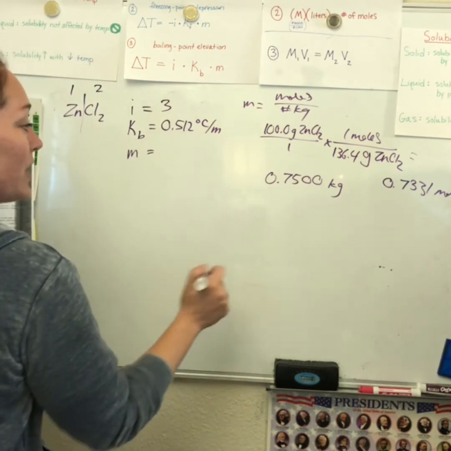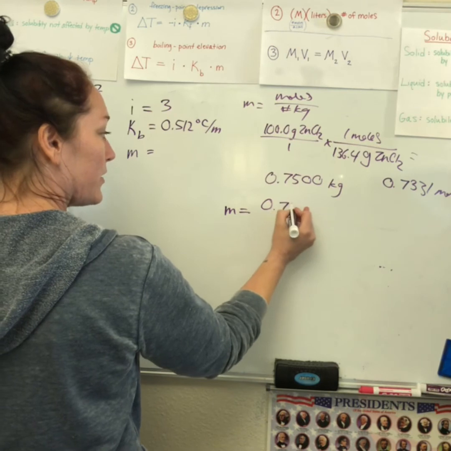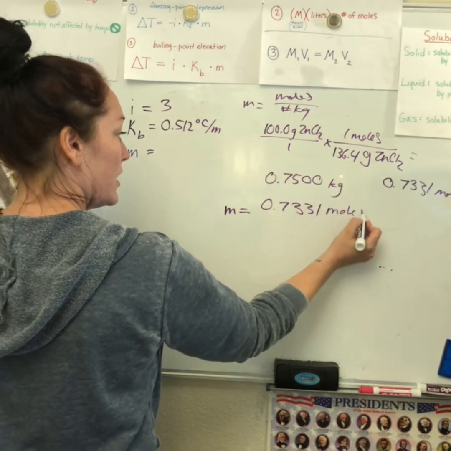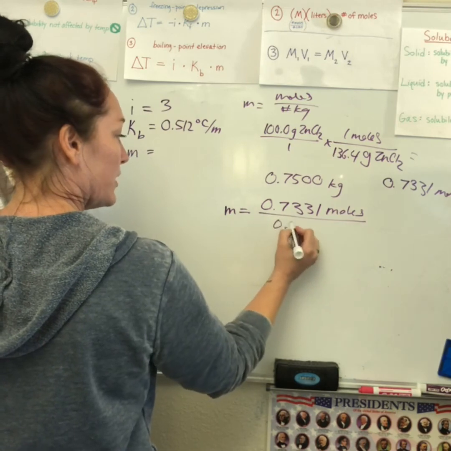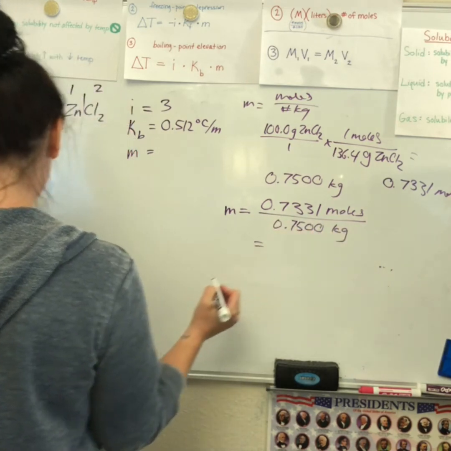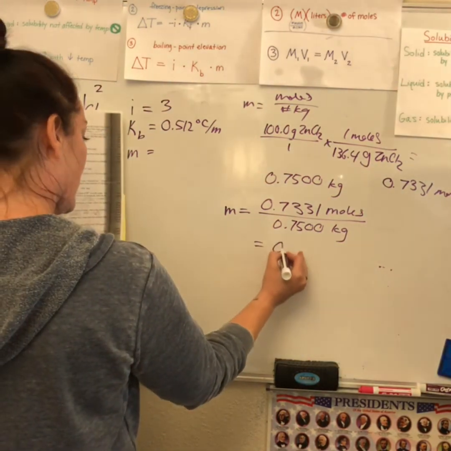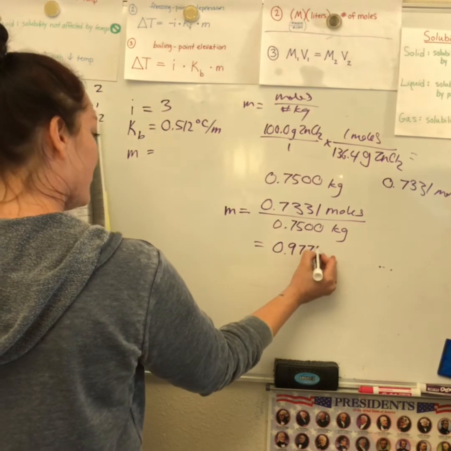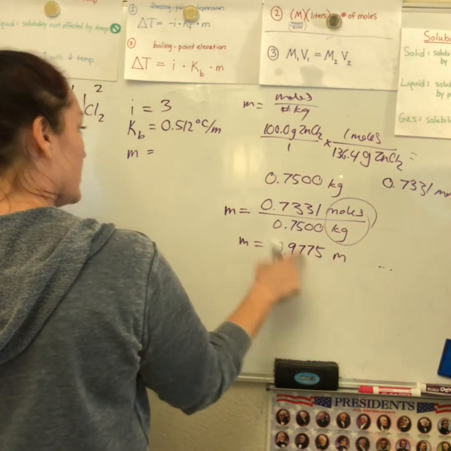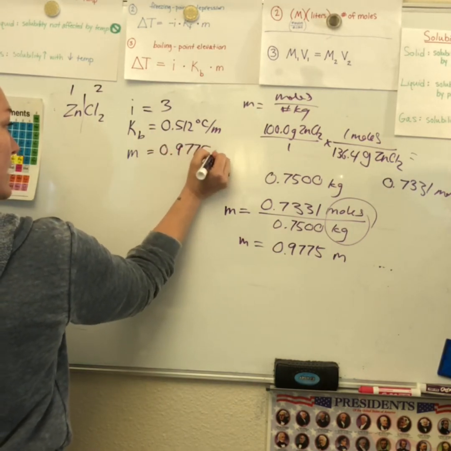All right, so let's go ahead and plug those in. m equals 0.7331 moles over 0.7500 kilograms, okay? So if I crunch that through, I am going to end up with 0.9775. Remember, moles over kilograms is just a little m. So this is my number up here. I'm going to plug it in, 0.9775 m.